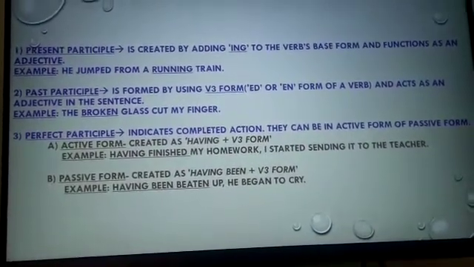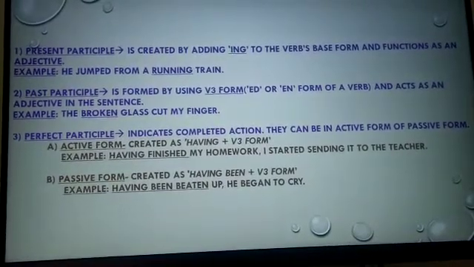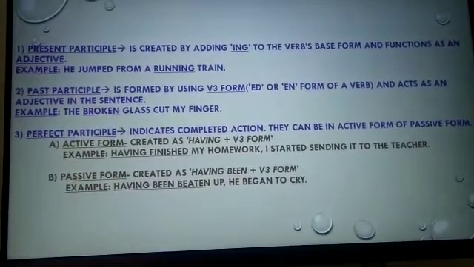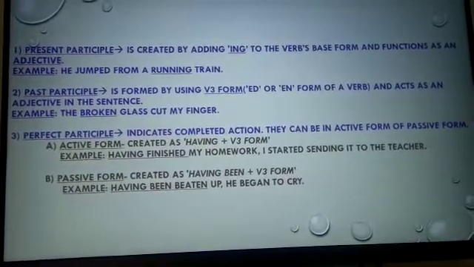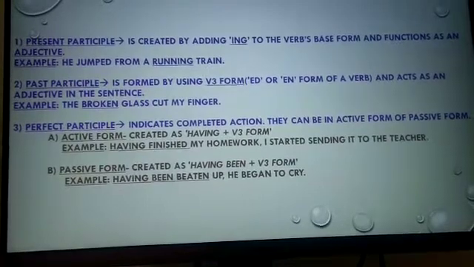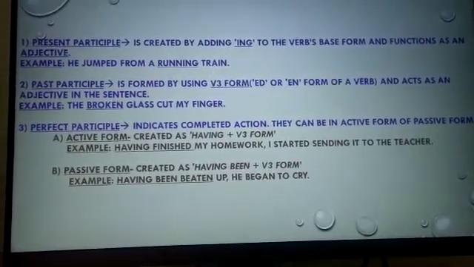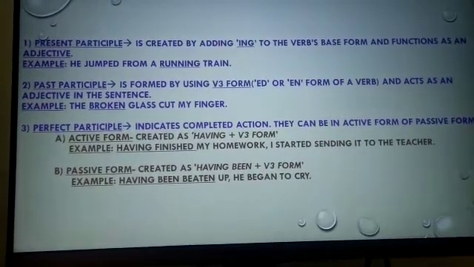Okay students? So example: he jumped from a running train. Here we can see that he is a subject, whereas I have underlined running. Running has ing, it is the present participle. Why is it a present participle? Because it is functioning as an adjective.